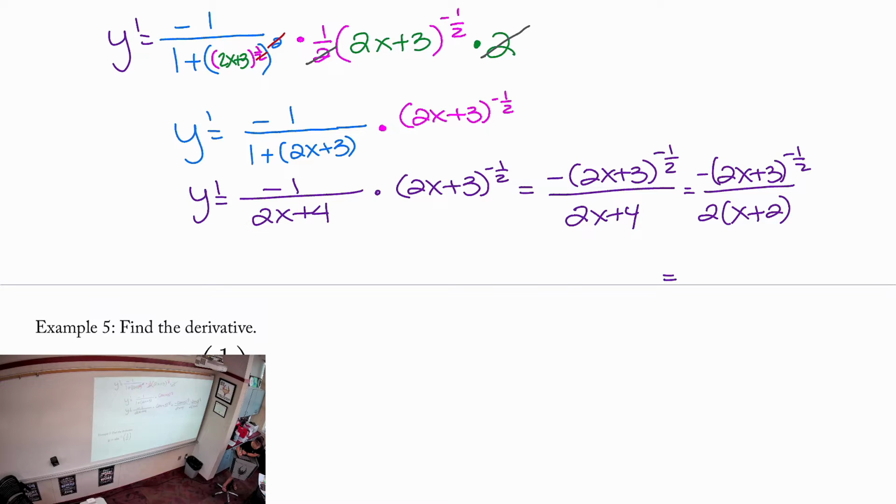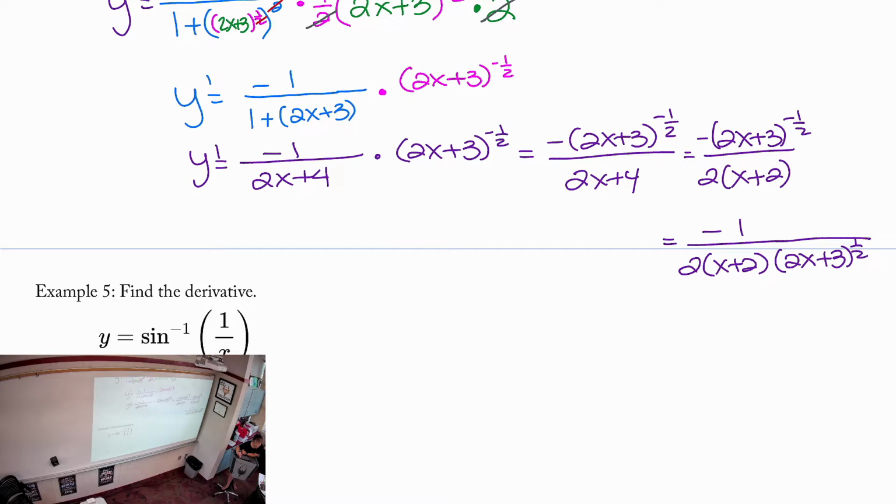Or I could have done negative 1 over 2 times x plus 2 and 2x plus 3 to the positive 1/2 power. Or negative 1 over 2 times x plus 2 times the square root of 2x plus 3.